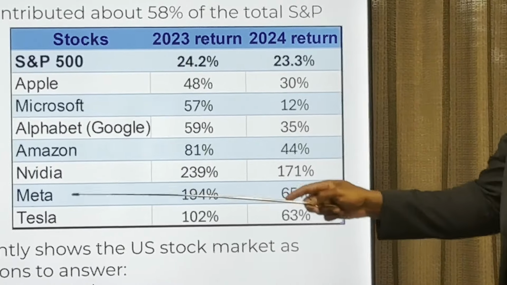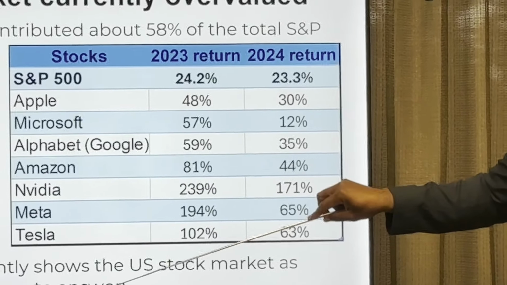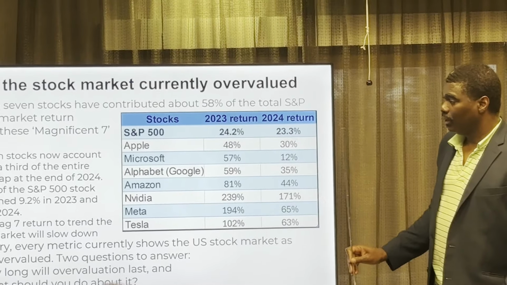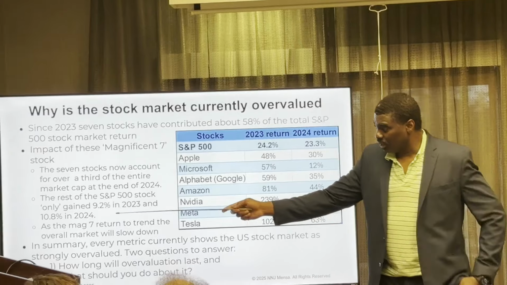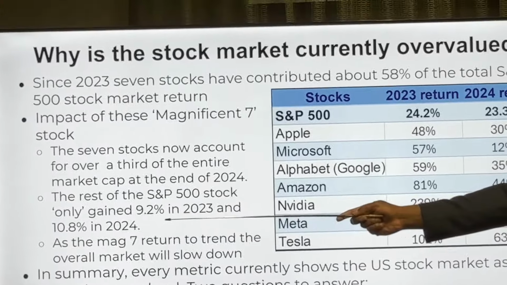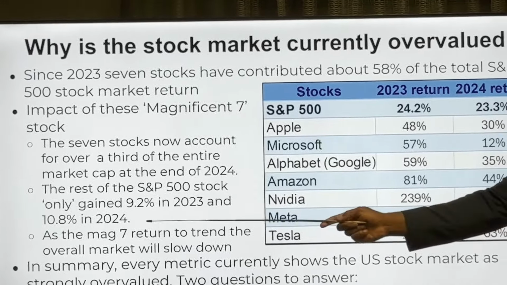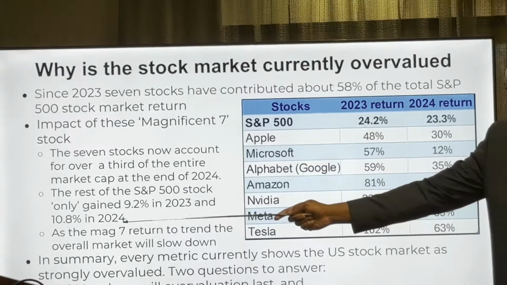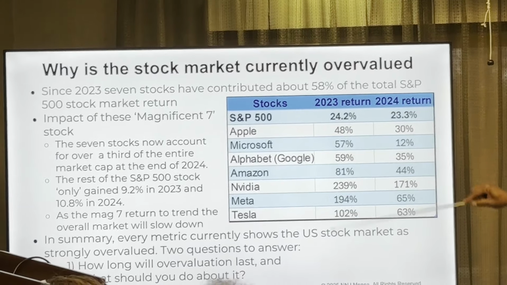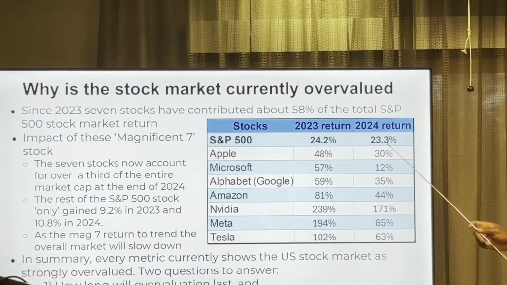If you were to take these 7 stocks out of the S&P 500 and just look at the other 493, the S&P 500 would have only gained 9.2% in 2023, and only 10.8% in 2024. So these 7 stocks alone are driving this phenomenal return in the stock market.